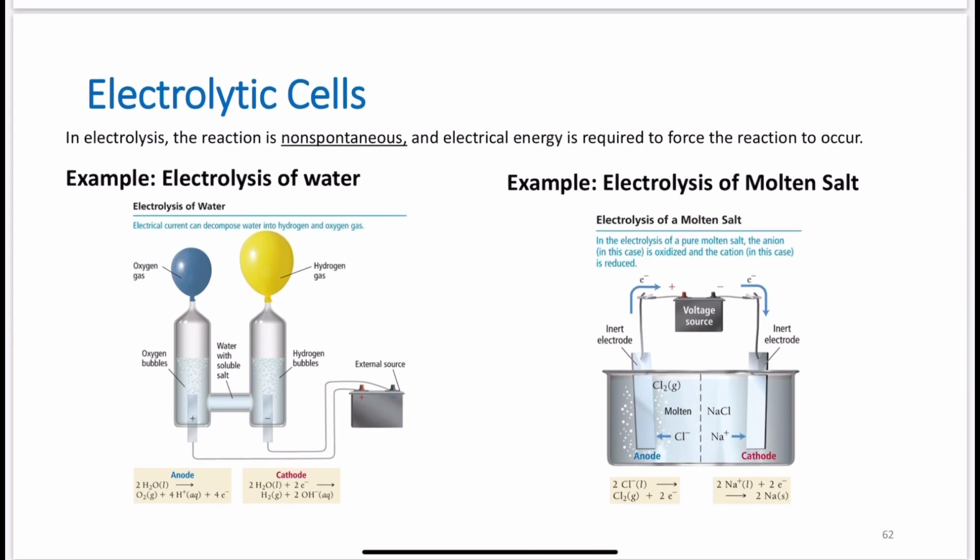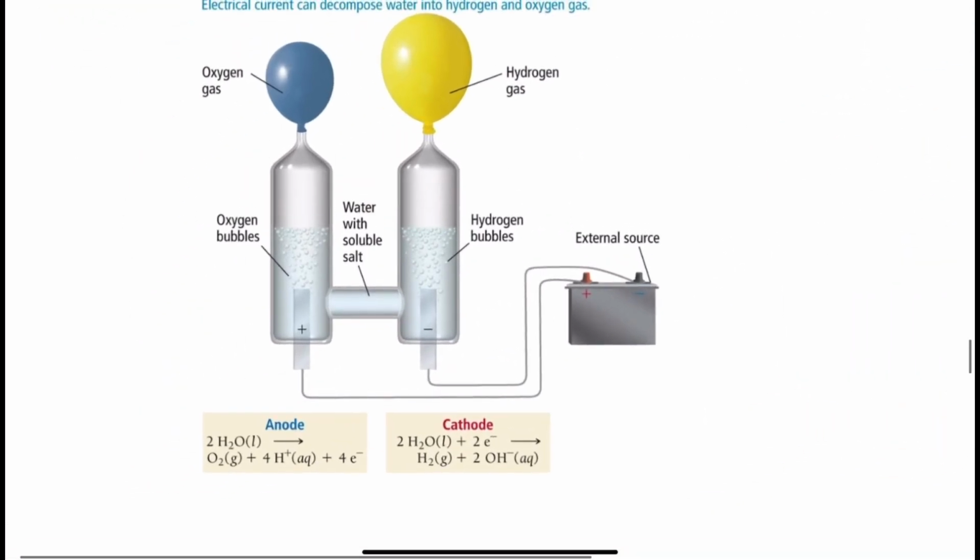So electrolytic cells. Again, in electrolysis, the reaction is non-spontaneous and electrical energy is required to force the reaction to occur. The reaction will not occur if we do not provide outside energy. Here are two examples of an electrolytic process: one is the electrolysis of water, one is the electrolysis of molten salt. Let's zoom in on the water and see what's going on.